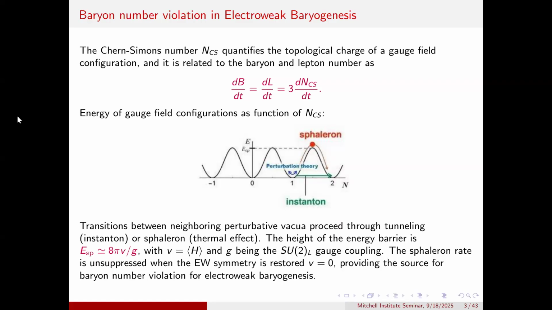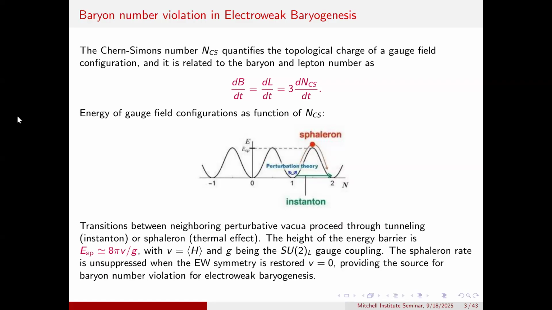The energy of the gauge field configuration as a function of the Chern-Simons number is of this shape. We can see that the minima of the energy appear at integer Chern-Simons number.